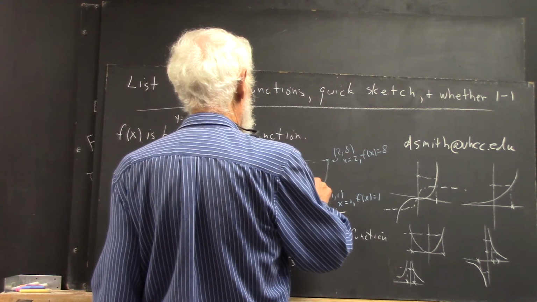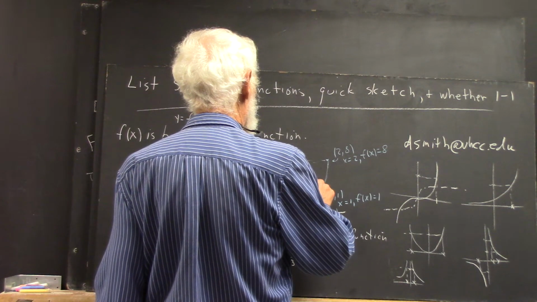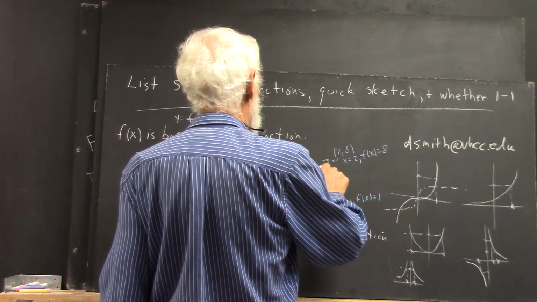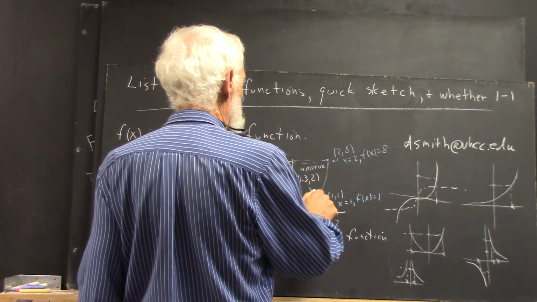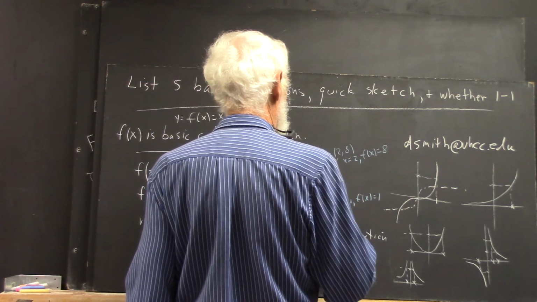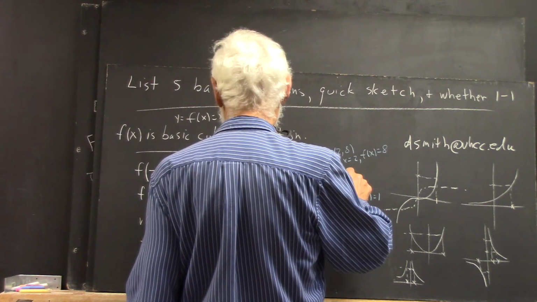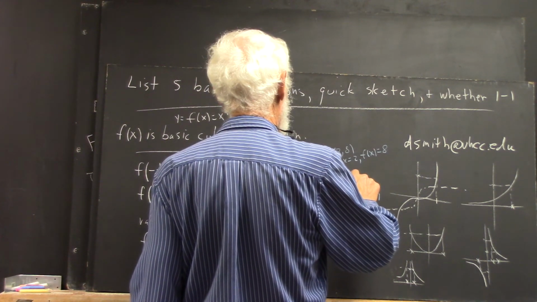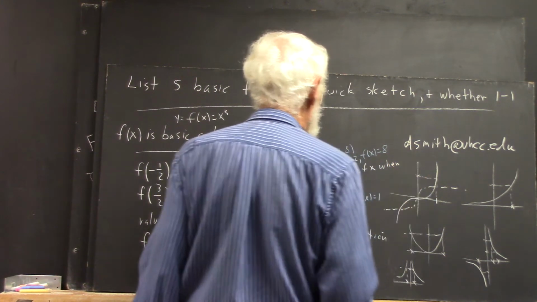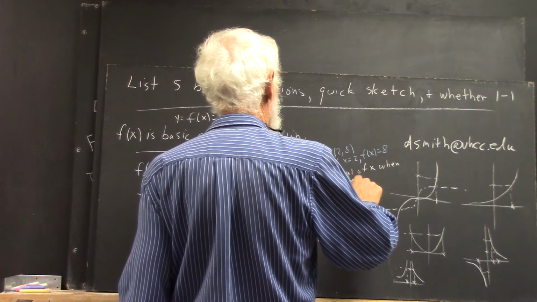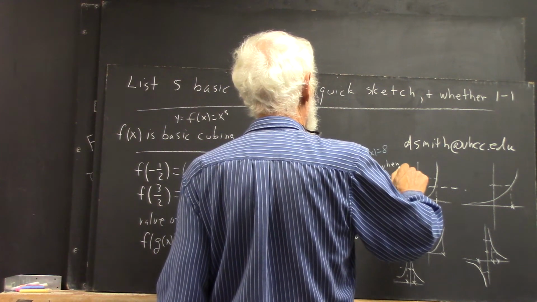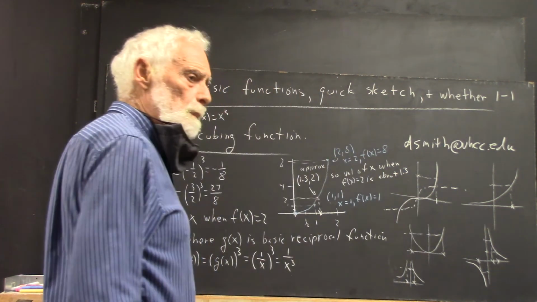Okay, so if this point is approximately 1.32, I can say that the value of x when f of x equals 2 is about 1.3.